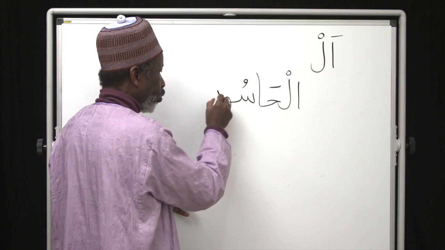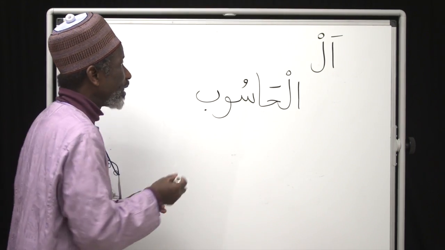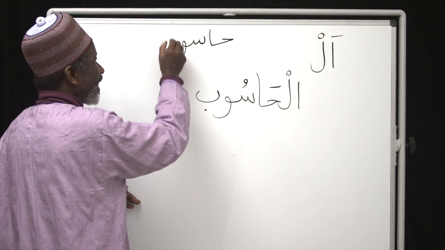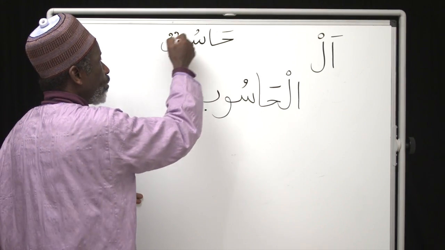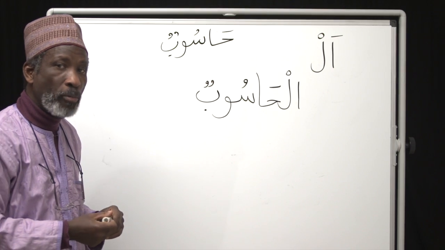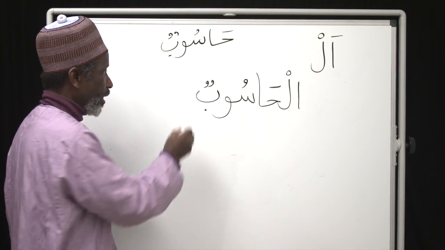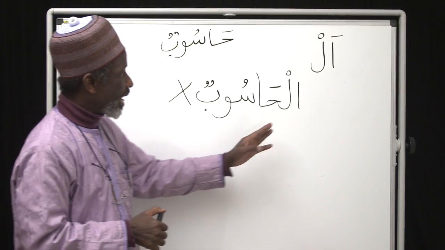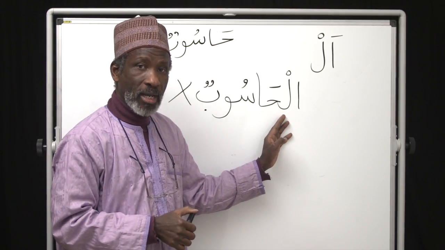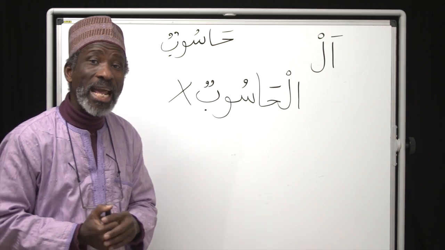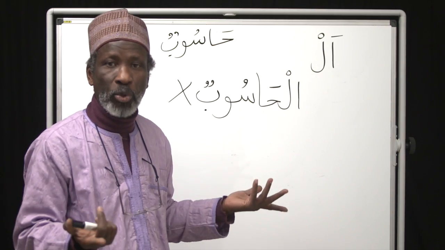Al hasub. Remember we said hasubun earlier on, which ends in un. If I put hasubun here, it will be completely wrong. Why? Because I have al, which means the, and I have the sign of indefinite at the end. You cannot say the a computer combined.